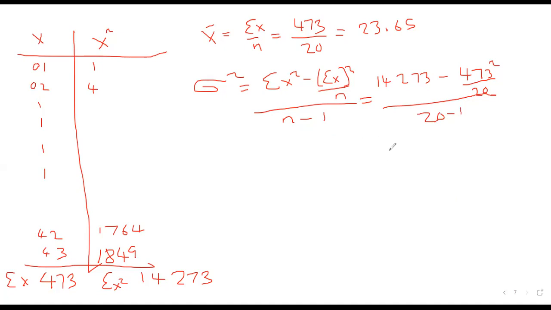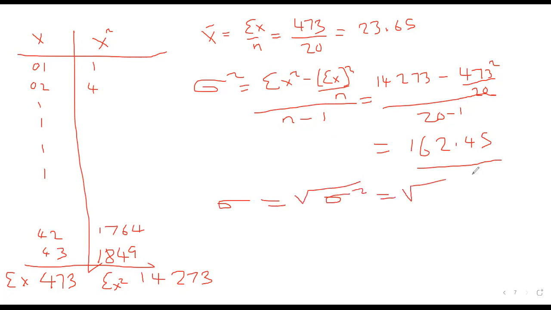So the variance gives you 162.45. The square root of that is called the standard deviation. The square root of 162.45 will give you a standard deviation of 12.746.